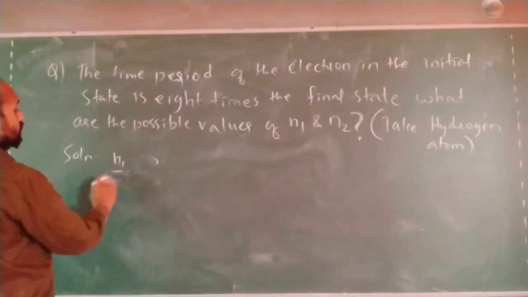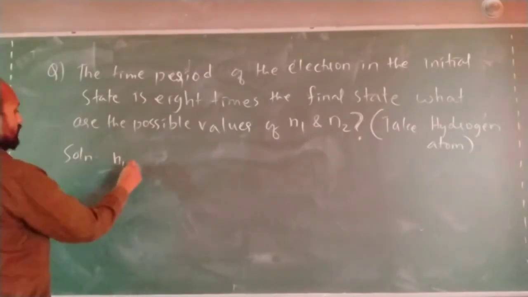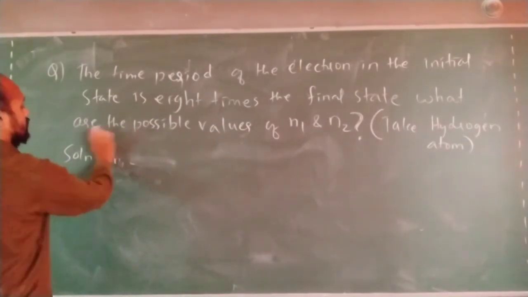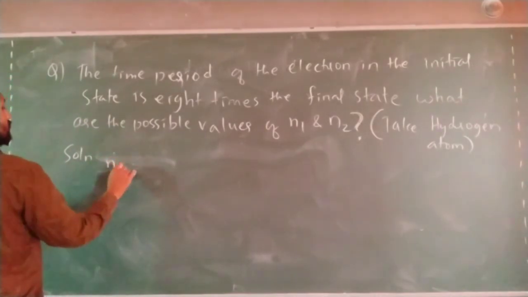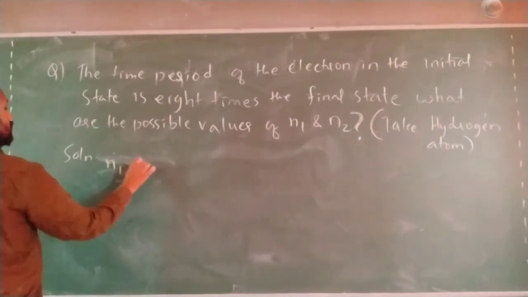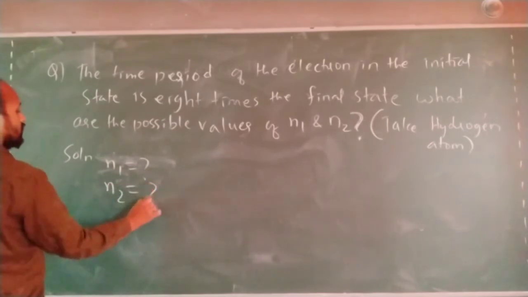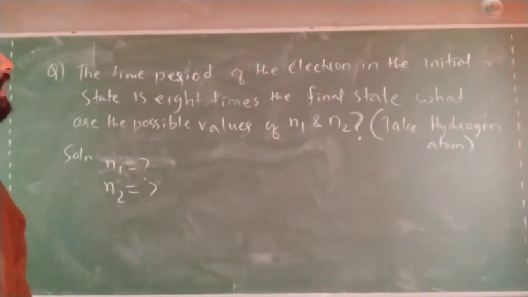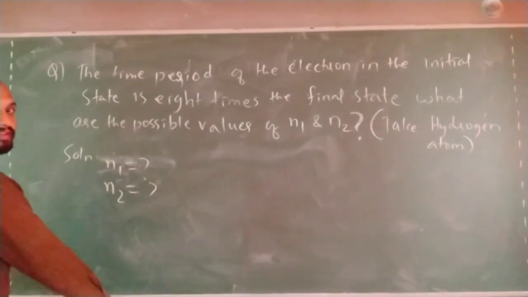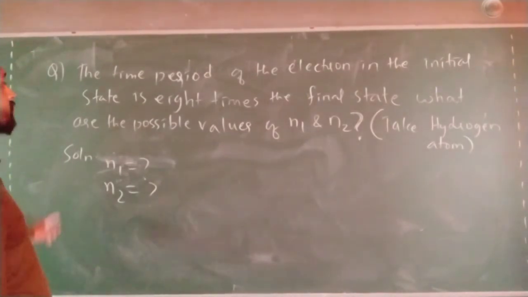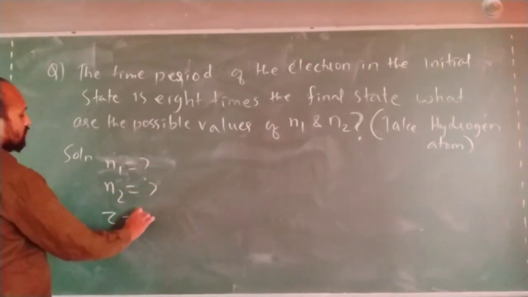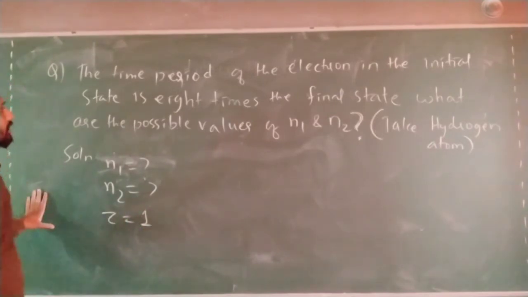Possible values of n1 and n2. So it is 8 times, he is telling. What are the possible values of n1 and n2? Here given z is equal to 1.